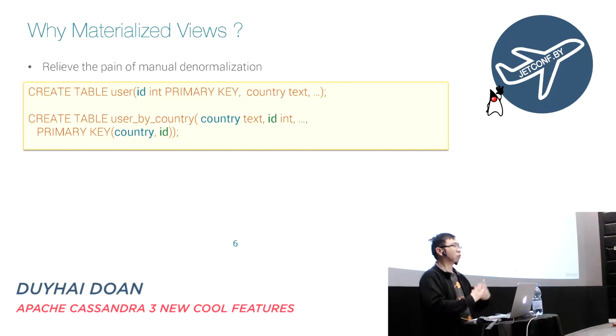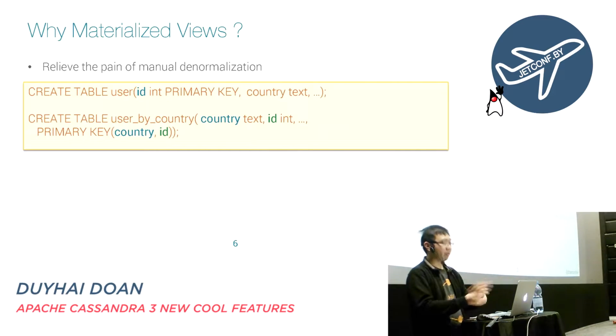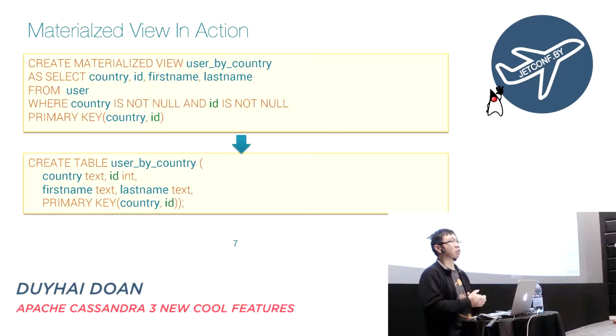If I want to find my user by country, I need to create another table, user by country, where the country now belongs to the primary key, so I can query on it. But manual denormalization is very boring because you need to take care of the update yourself as a developer. So we solve this problem with Materialized View.